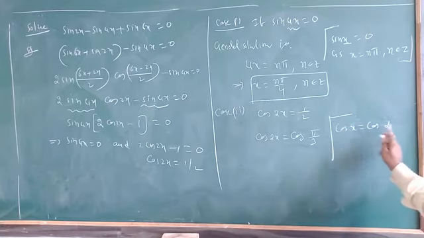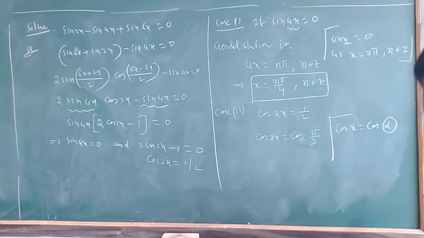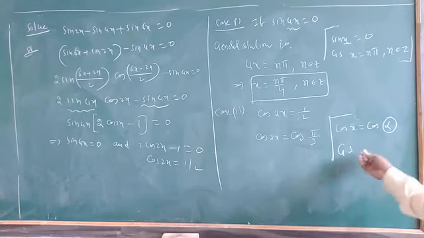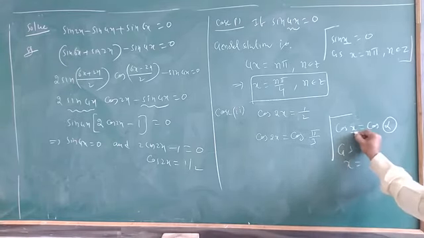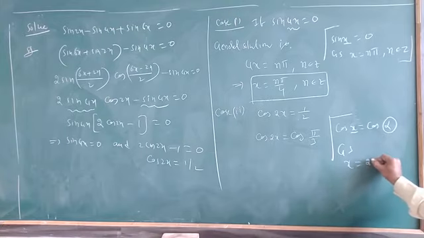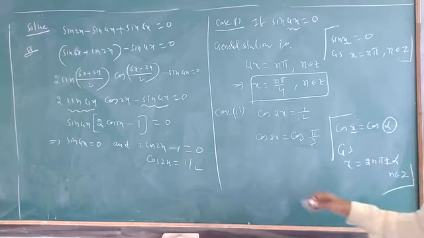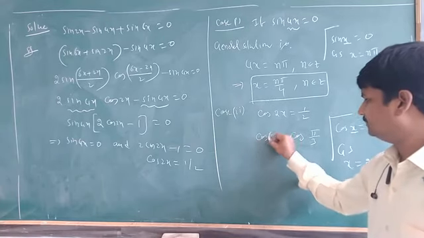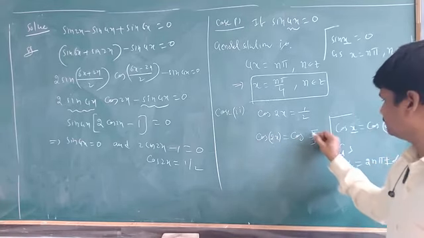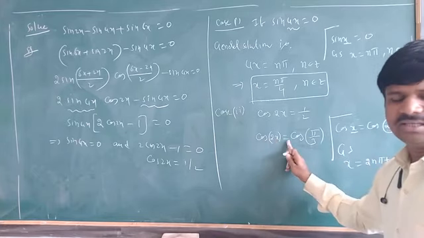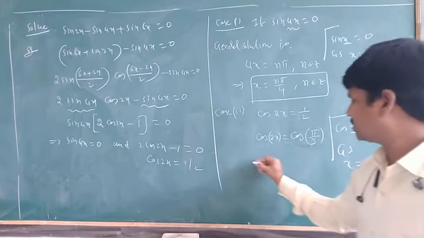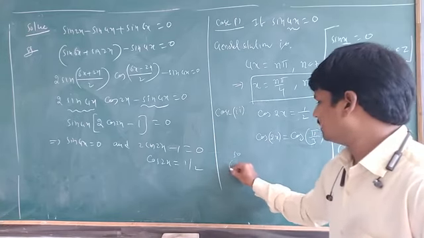If cos x is equal to cos alpha, then alpha is the principal solution and the general solution is x is equal to 2n pi plus or minus alpha, where n belongs to Z. Just observe here, cos x is equal to cos alpha. So what is the general solution?